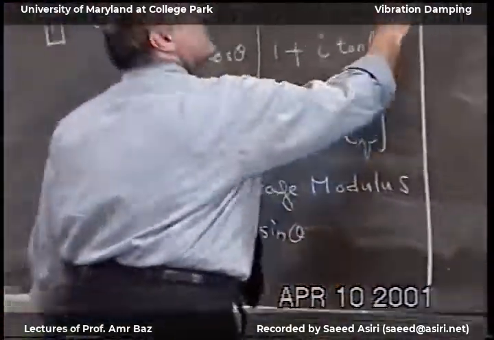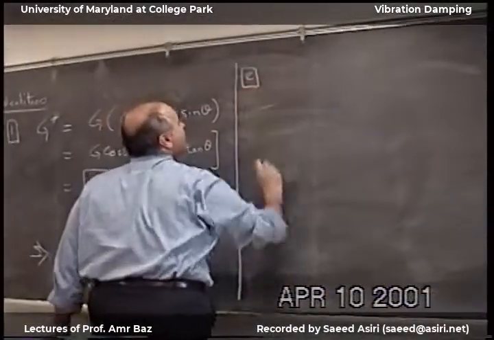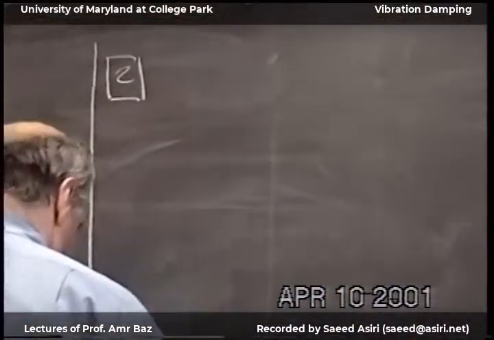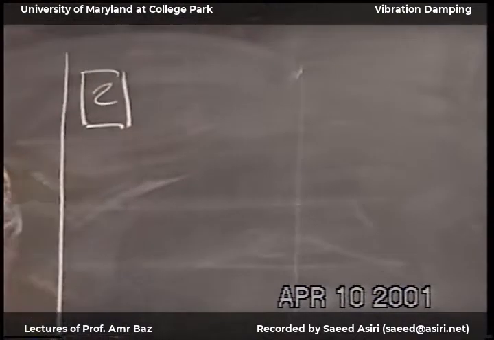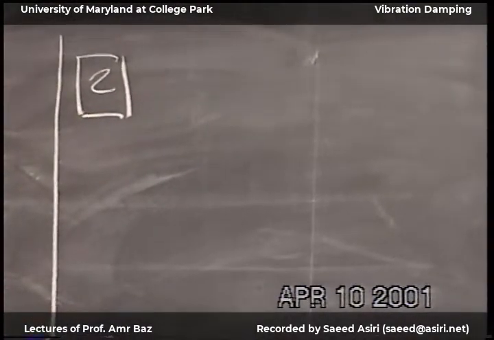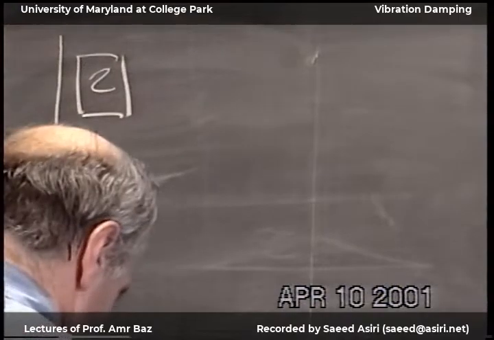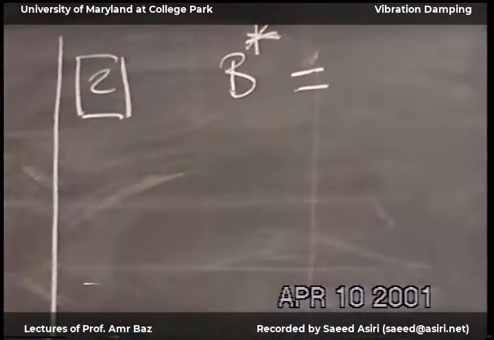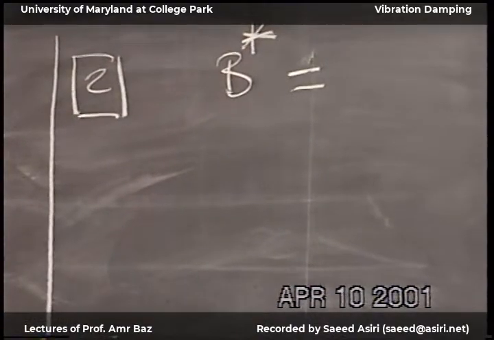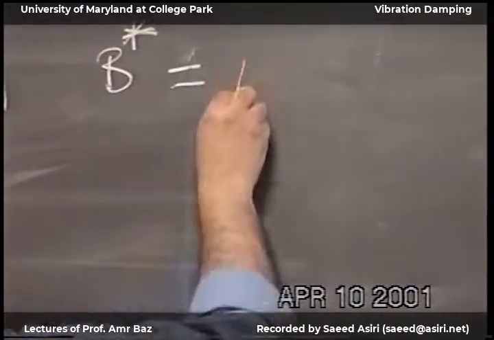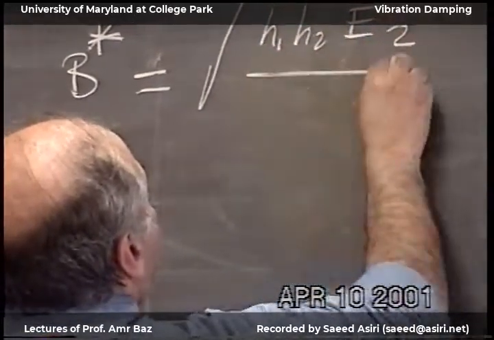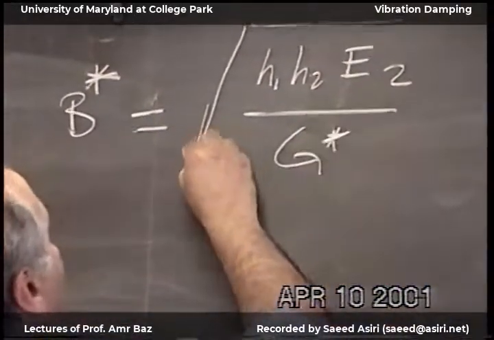Okay. Second one is the B. The B asterisk is here. This is the square root H1, H2 and E2 divided by G asterisk.